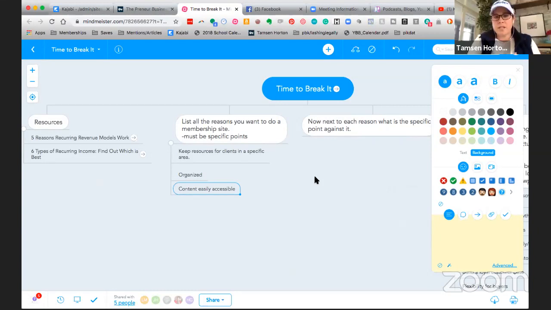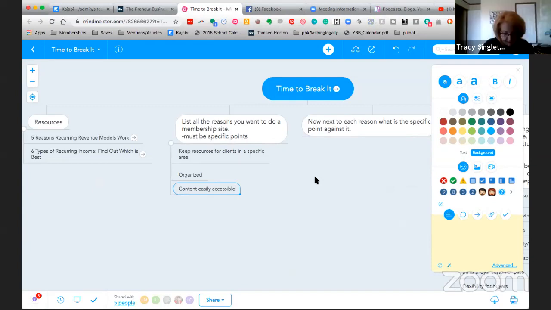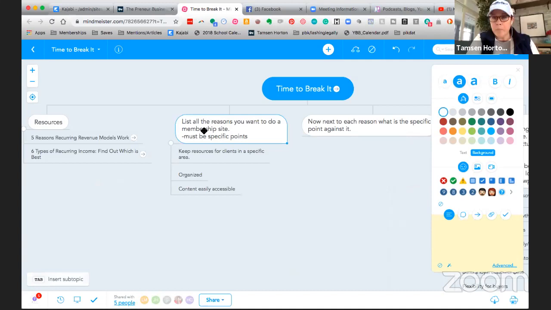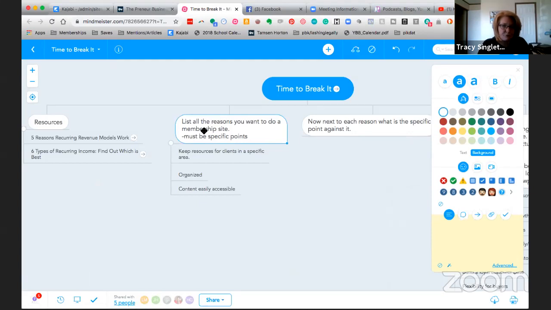Okay. Other reasons you guys are thinking about doing a membership model? Okay, so I was looking at it for like courses. So I don't know if that would go here, or if it would go under the offers and products. For say different courses that might teach them different things that we already do, like teaching them how to do it themselves.